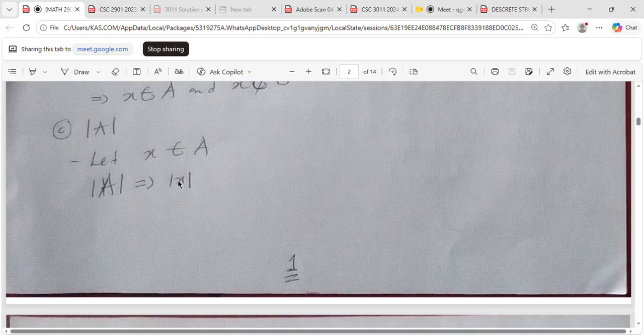So cardinality of a set, if you can proceed there, you can say modulo A, you close there, equals to be even specific 1, because we only have a single element there. You can say mod A there equals 1, to be even more specific. I don't know if I got your question.